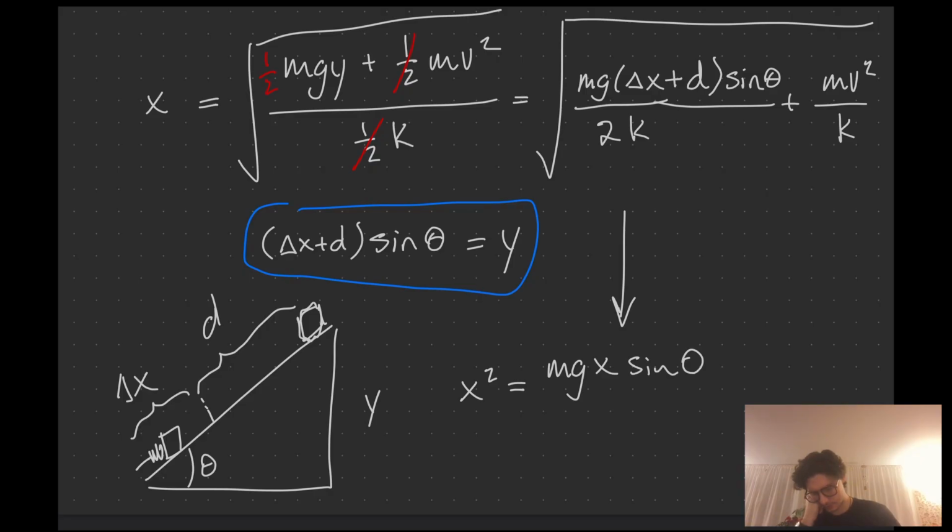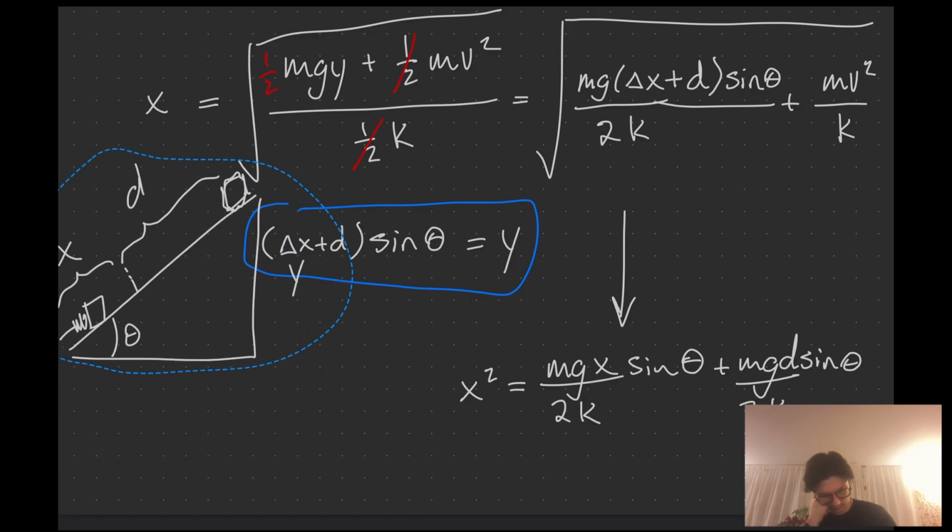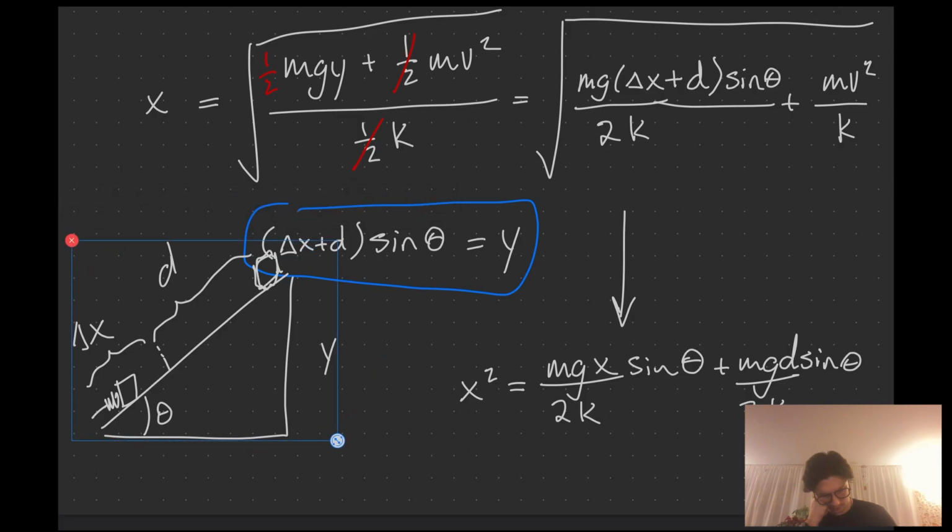There's a sine theta here plus mgd sine theta here. And then both of these are over 2k. So I'm just going to put a 2k here. Put a 2k here. And let me move this. Let me resize this.